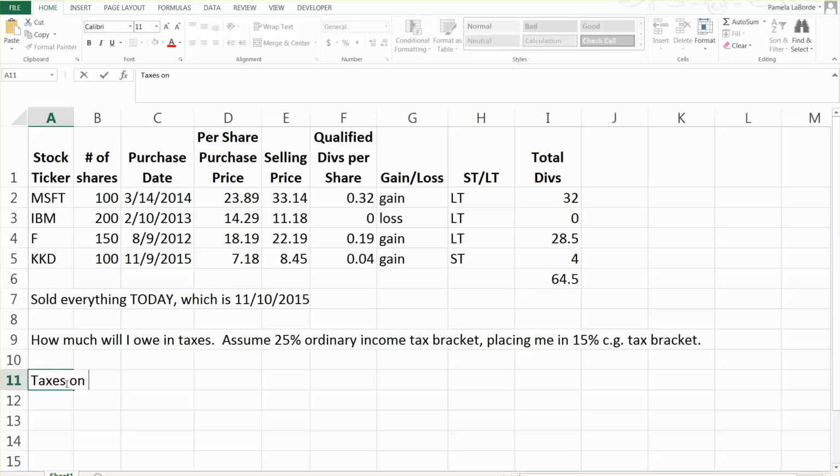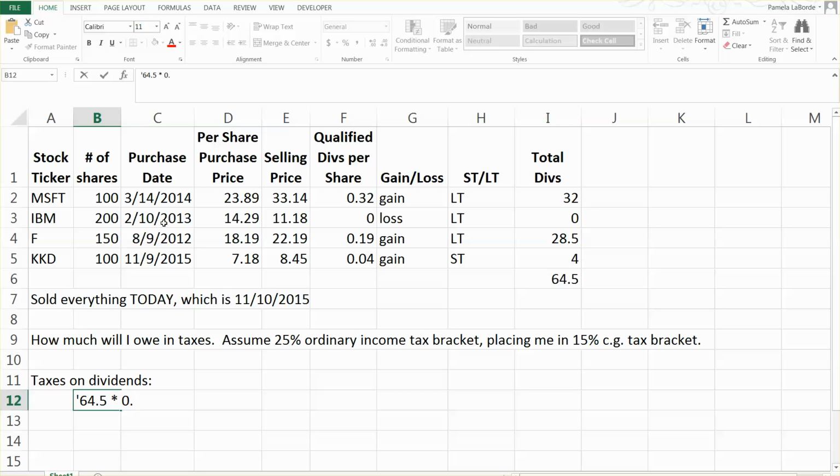So my taxes on the dividends will be equal to the 64.50 in the dividends that I received. I'm gonna do this. It's gonna be the 64.50 total dividends that I received times the tax rate that I pay on dividends.